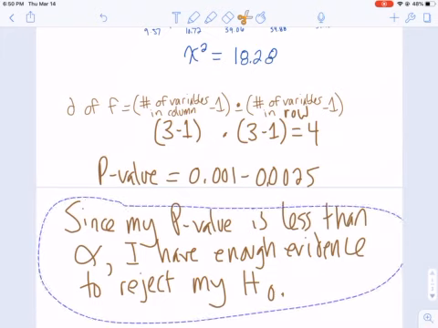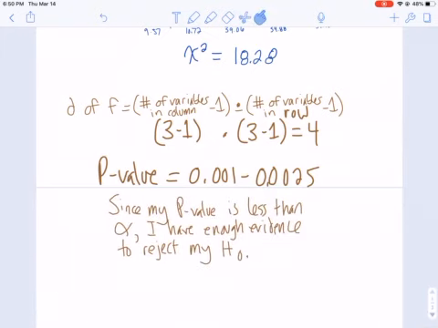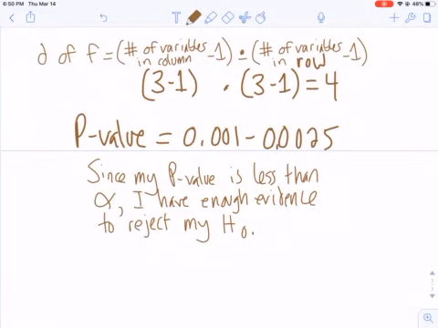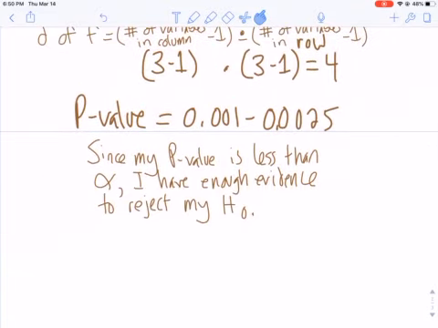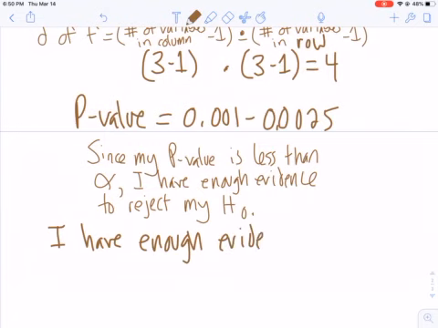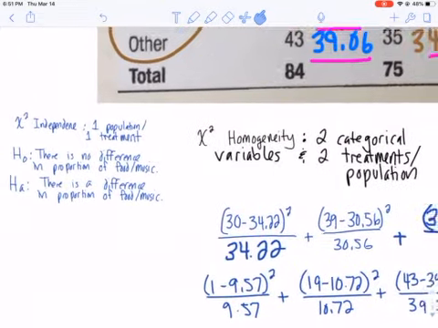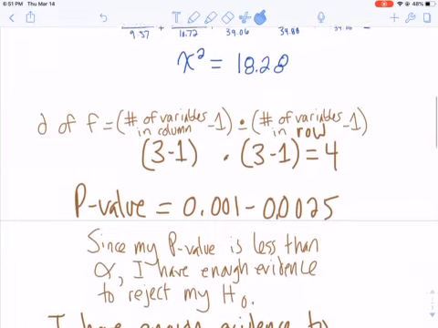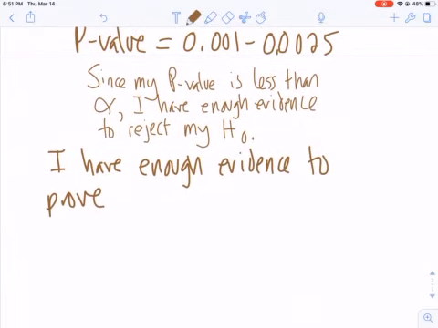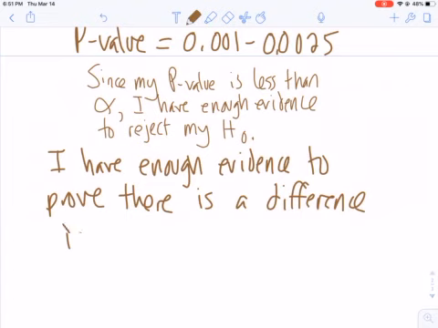Always makes my class laugh when I say that. Okay. So, what I can say now is, I have enough evidence to prove, I can go back to my null and my alternate up here. So it's good to incorporate that there is a difference in proportion.